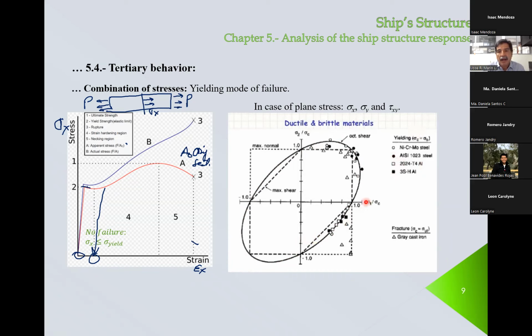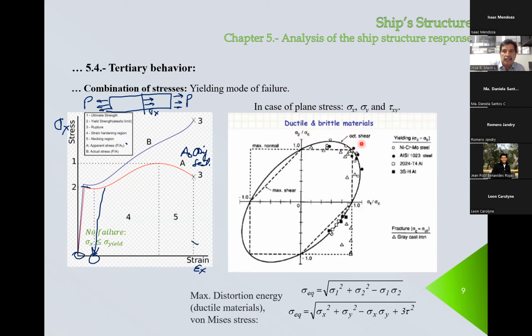Now, how are sigma 1 and sigma 2 related in the case of the octahedral shear stress theory? Well, in that case, you have to calculate the von Mises stress. This is not really a stress. This is just another parameter which has units of stress. And this is the way they are defined.